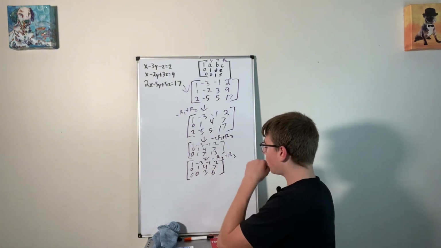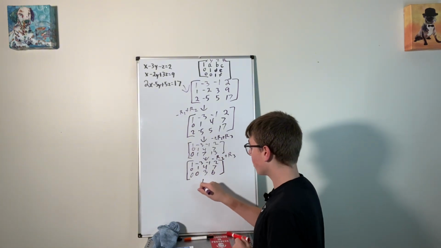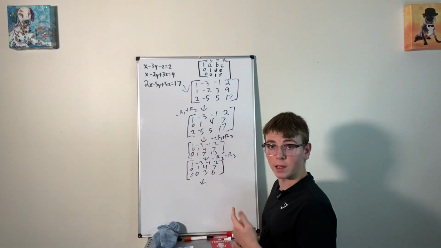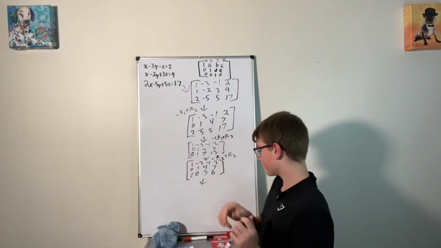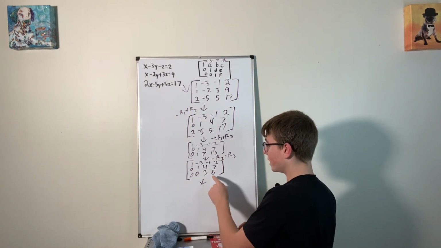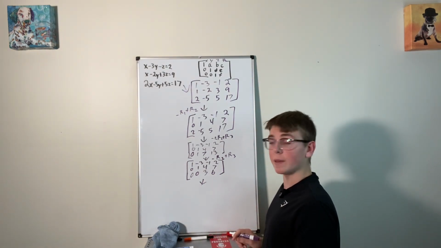Okay. Now what? Well, we have our 0, 0, but we need our 1. And like I said, you can multiply any row by any number. So to get this 3 to a 1, we can multiply by a third.